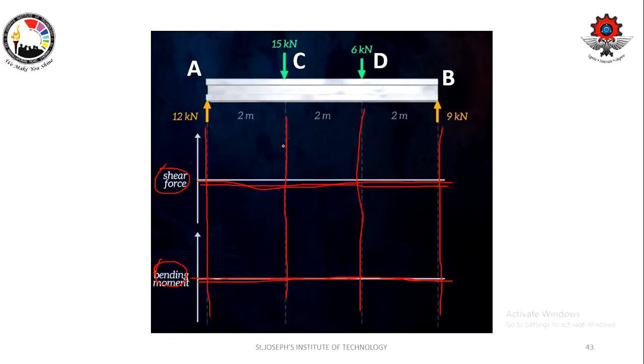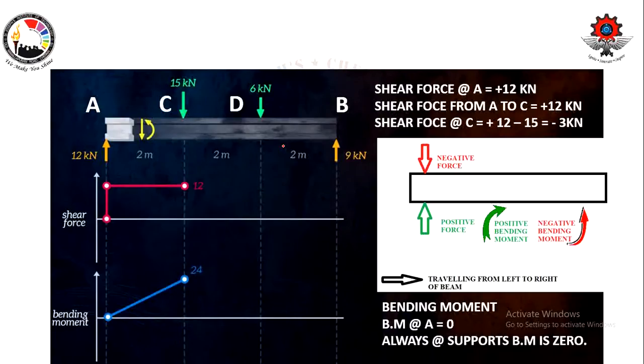Now, to begin with, we are supposed to find out shear force and bending moment at each and every point, as I told you. Now, first one, finding out shear force at A. Shear force at A is 12 kilonewton.